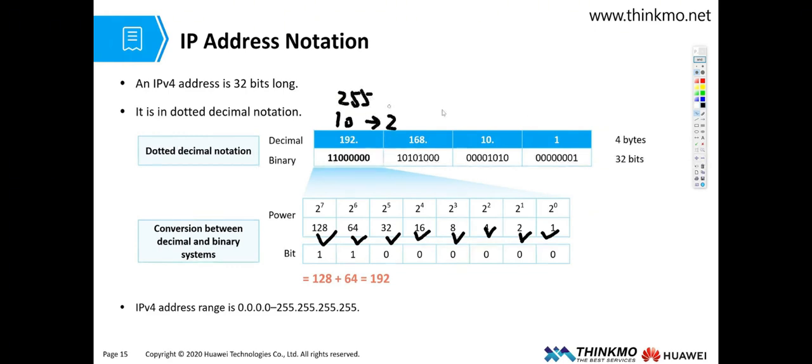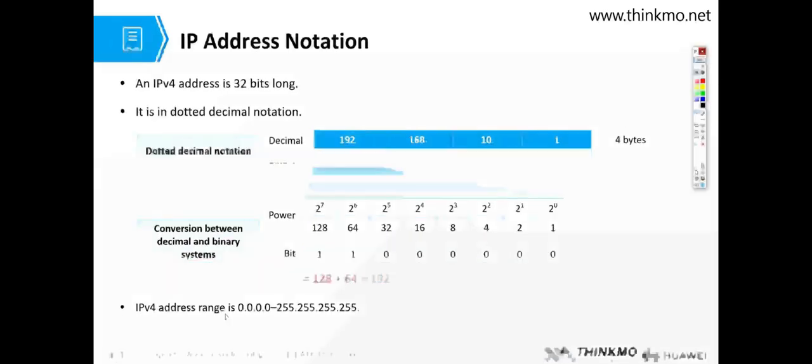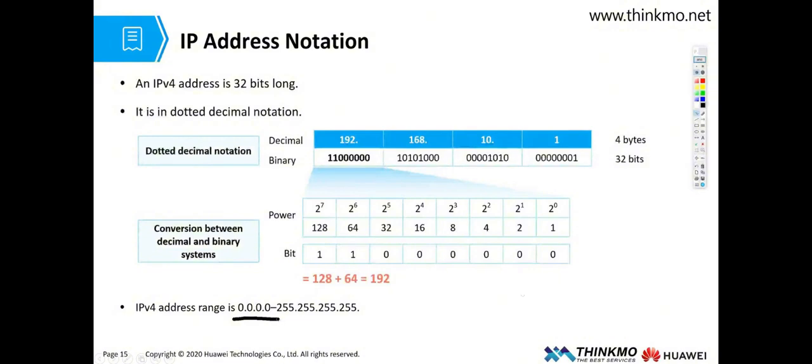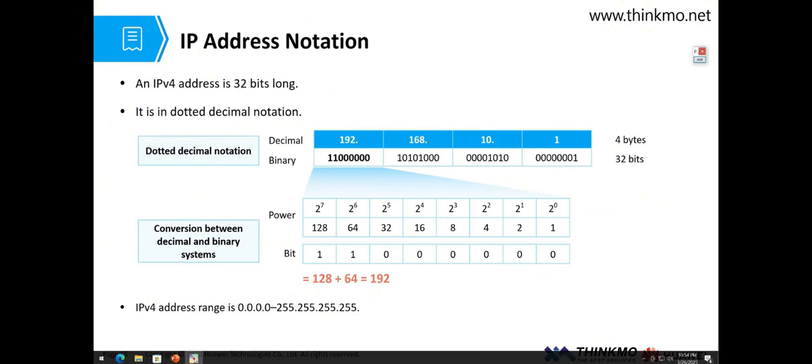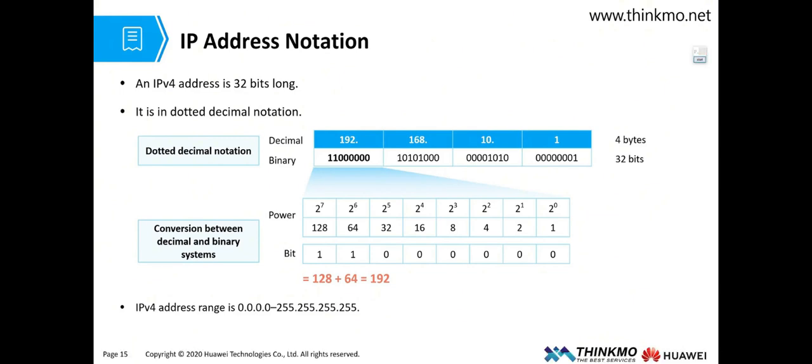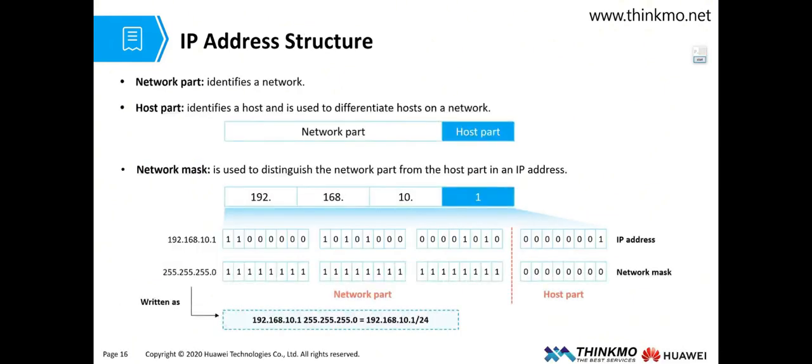There are a total of 4 sets of numbers, meaning each set's maximum is 255. So the range of an IP address is 0.0.0.0 to 255.255.255.255. Now, within this, our IP address is actually divided into 2 parts, the network part and the host part.